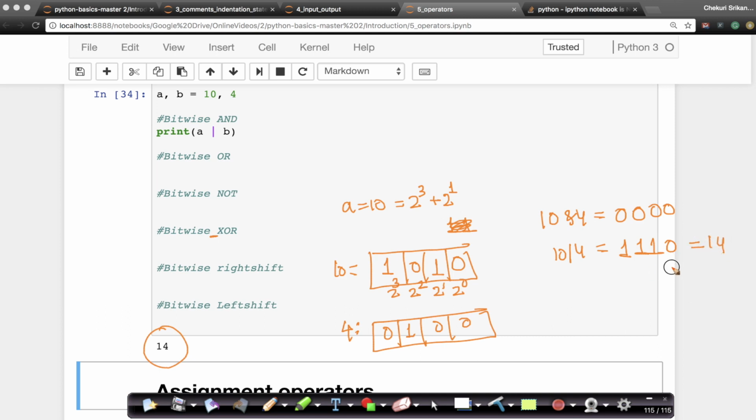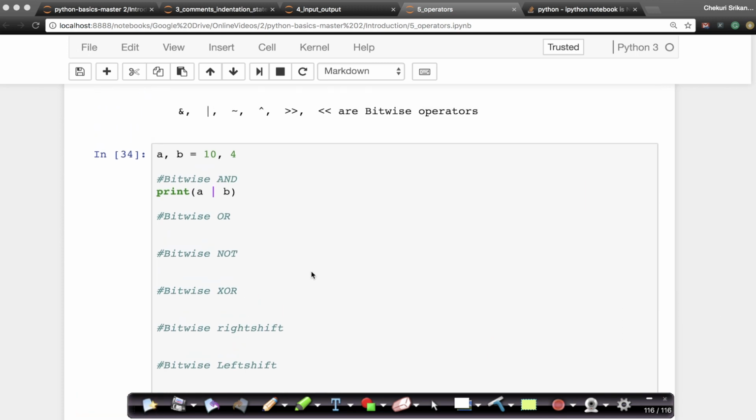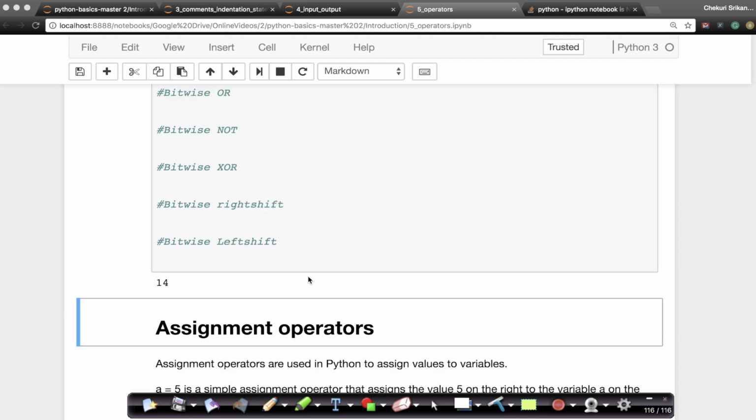Because 2 power 0, 2 power 1, 2 power 2, 2 power 3, 8 plus 4 plus 2, that's 14, right? Works out. Similarly, you can do all these operations like or, not. Not of 10 would just flip these into 0, 1, 0, 1. Right? So these are very simple bitwise operators. Those of you who have studied computer science or have any familiarity with programming languages will quickly understand this.